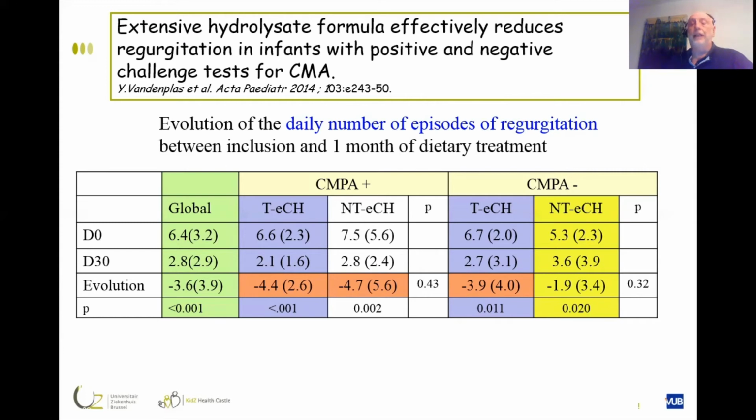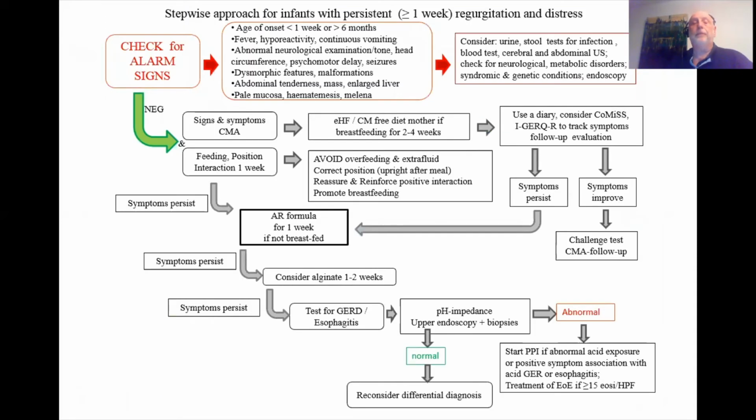This means that in daily practice for infants where you cannot separate whether they are in fact suffering from a functional gastrointestinal disorder or cow's milk allergy, with a thickened extensive hydrolysate you treat both conditions. So the child will go better, but you do not know if you treated reflux or if you treated cow's milk allergy. So what is the newest algorithm that we propose?